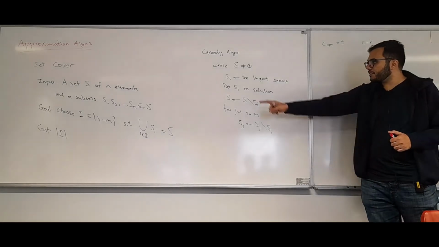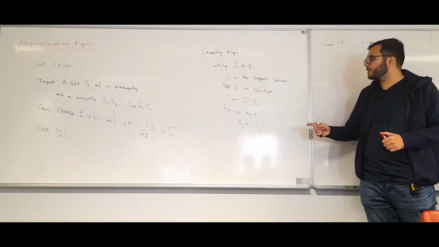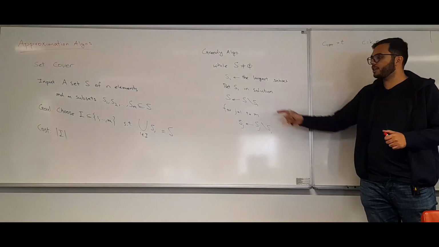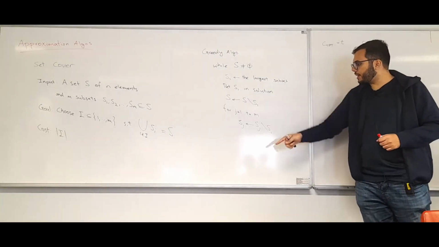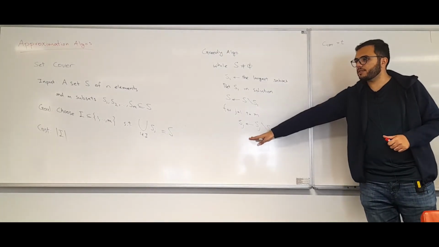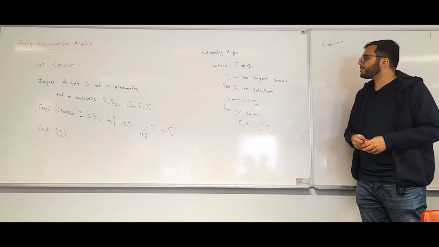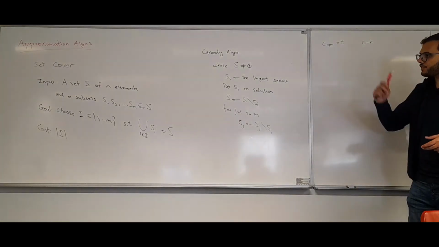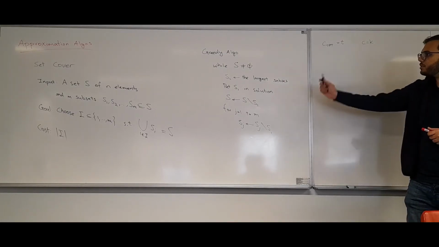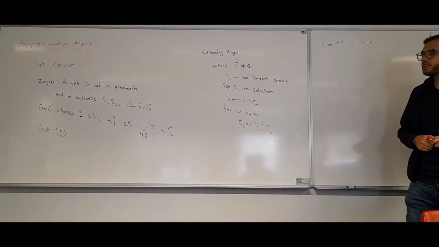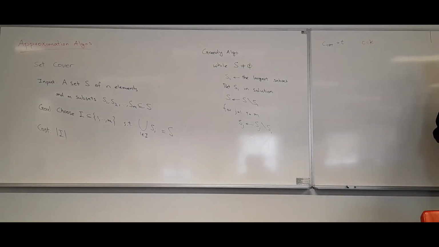Yeah, the size of the set S, the number of elements, because every time that I cover some elements, I'm basically removing them from S and I'm removing them from all of the subsets. So of course, I know that the size of S is decreasing every time, and the size of S is originally n. So this while loop can run for at most n iterations. So this shows that my k is at most n.